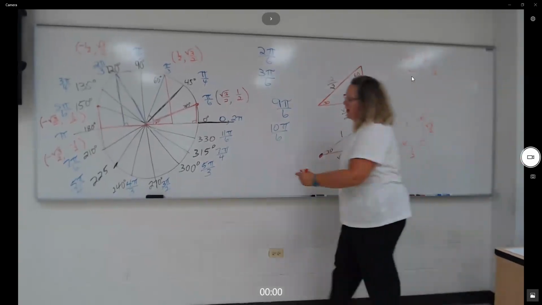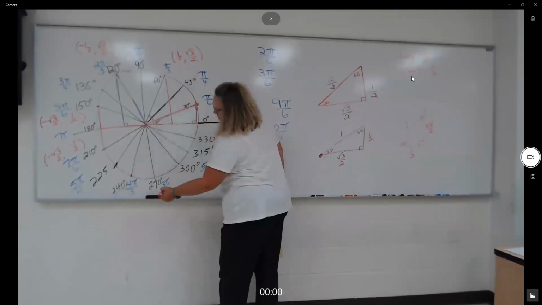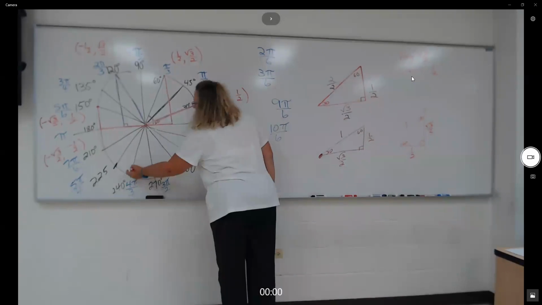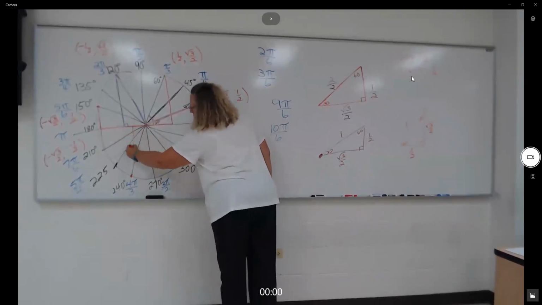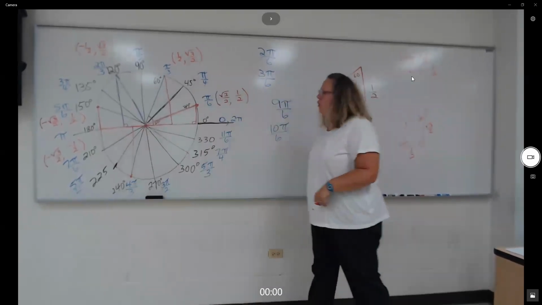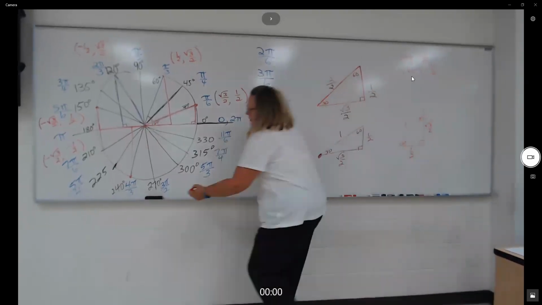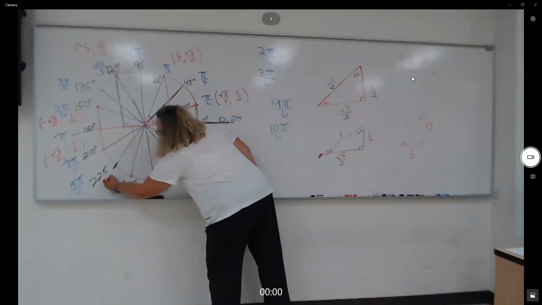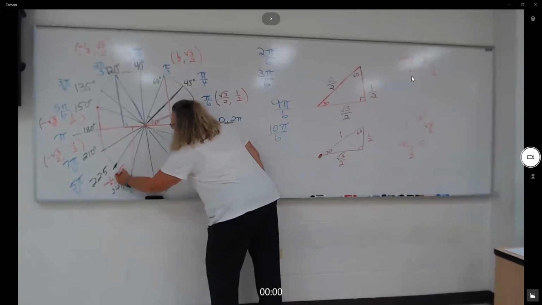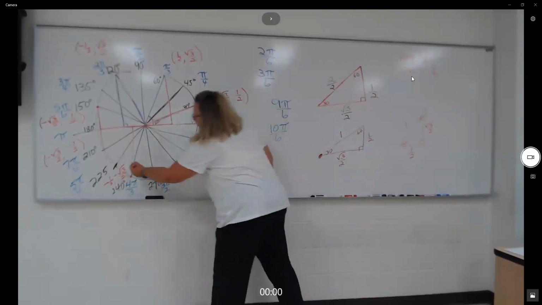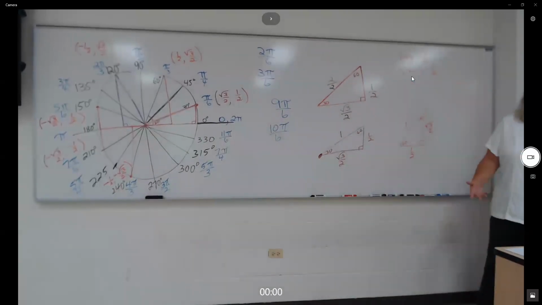All right, how about, maybe I'll put it in here, 4 pi over 3, short line, long line. So short line has to be negative 1/2. Long line, negative square root of 3 over 2. So just do short line, long line.